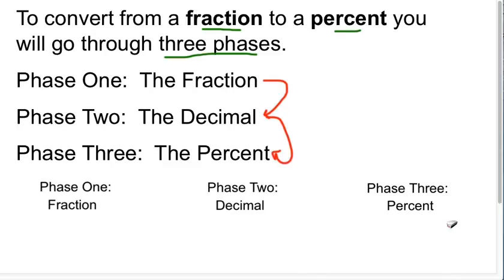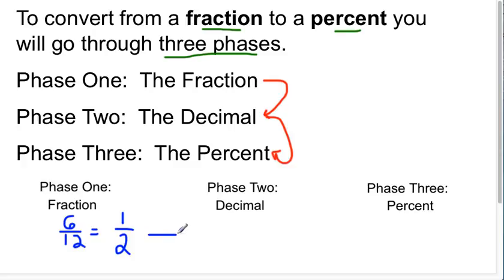Another example that I could show you would be using the fraction 6/12, which again isn't a very complicated fraction to be working with, because we know that this fraction in lowest terms is 1/2.